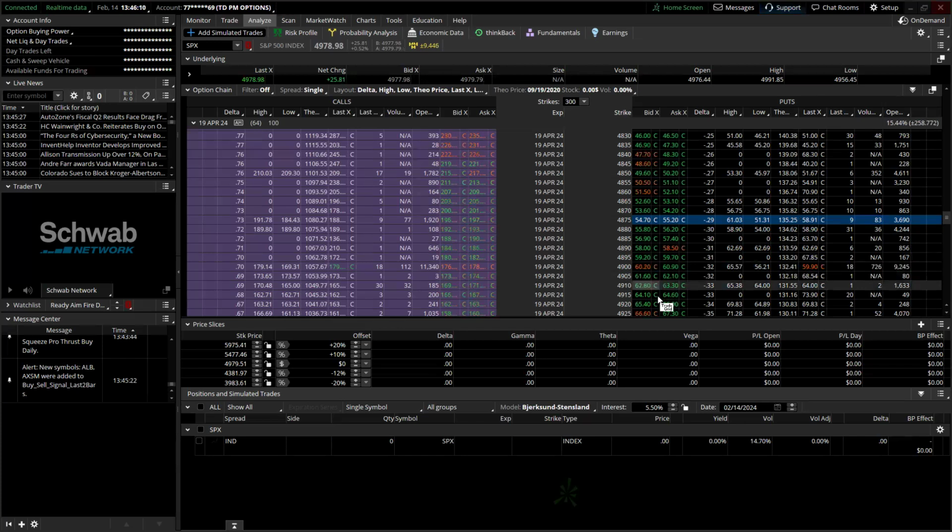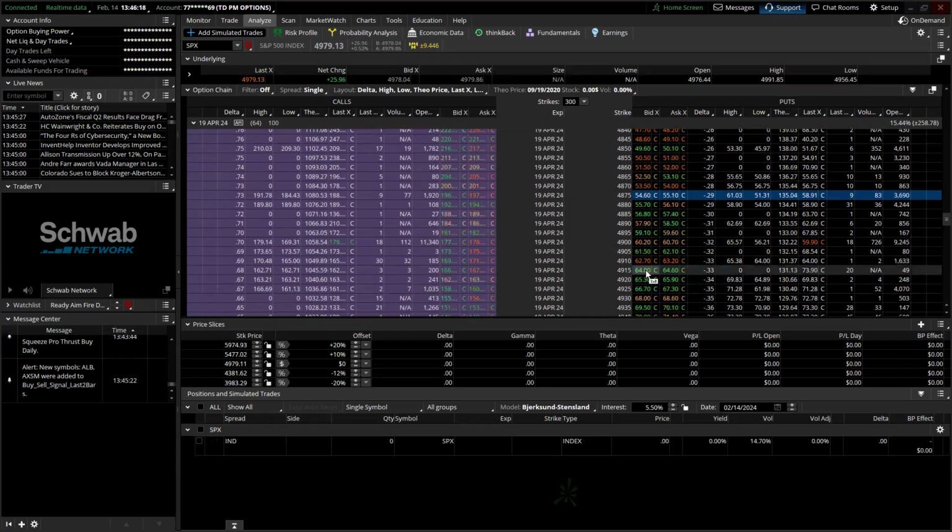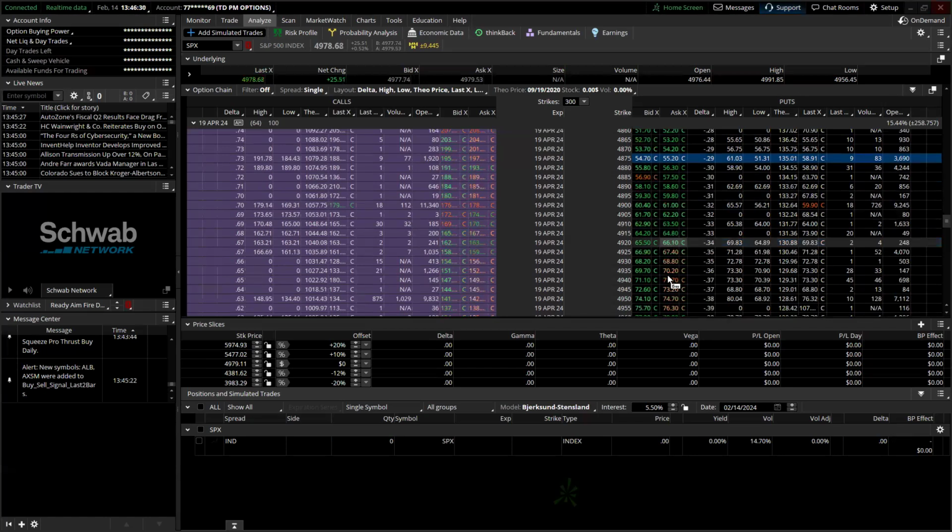So using SPX with 5-point wide strikes is great. Using XSP, they also have $1 wide strikes because XSP is 1/10 the size of SPX, so that works well too. SPY works just as well, one of the most liquid underlyings out there.